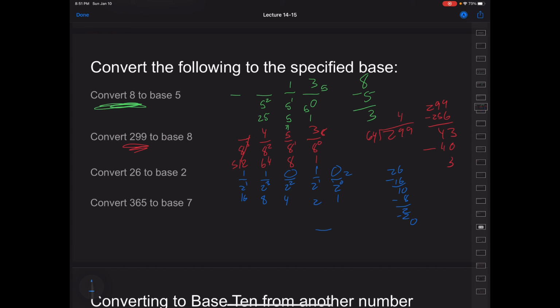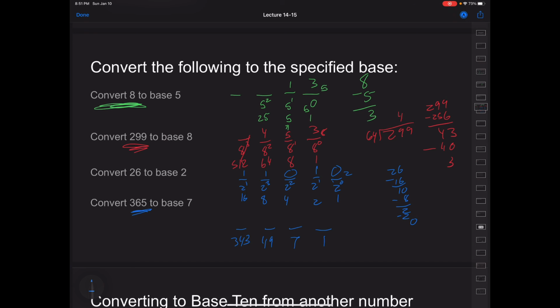If we want to do this, we have 7 to the 0th power is 1. 7 to the first power is 7. 7 to the second power is 49. 7 to the third power is 49 times 7, which is 343. And if I go one bigger, it's going to be way bigger than 365, so we'll stop there.